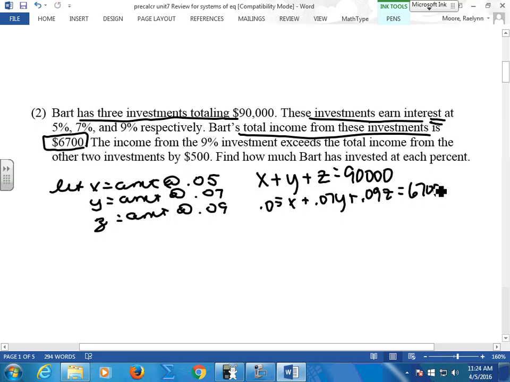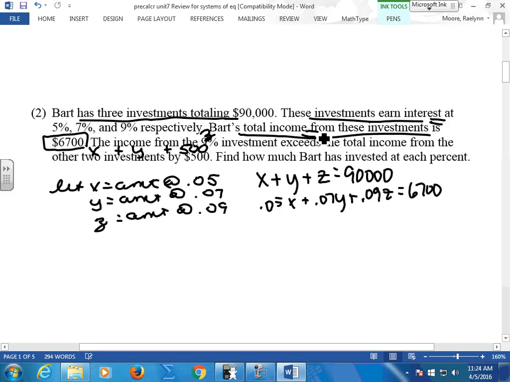The income from the 9%, which variable is that? Z. Let's just use the variables first. Exceeds. Oh, this is just like the other one, right? The total from the other two. The other two were x plus y. And we agreed that since they exceeded, we were going to add the 500 to that side.